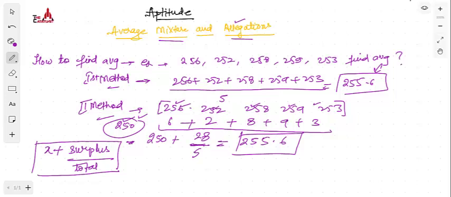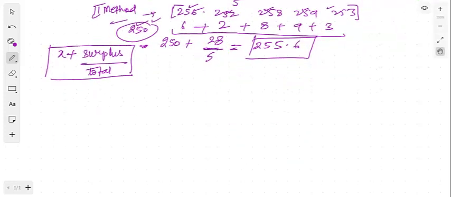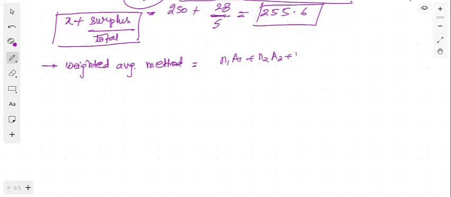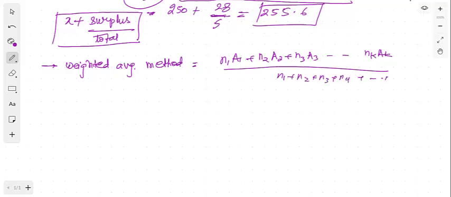Then there is one method known as the weighted average method. What is the weighted average method? This method is equal to N1A1 plus N2A2 plus N3A3 up to NKAK divided by N1 plus N2 plus N3 plus N4 plus up to NK.